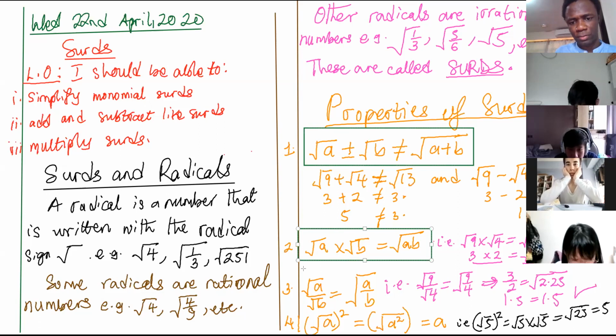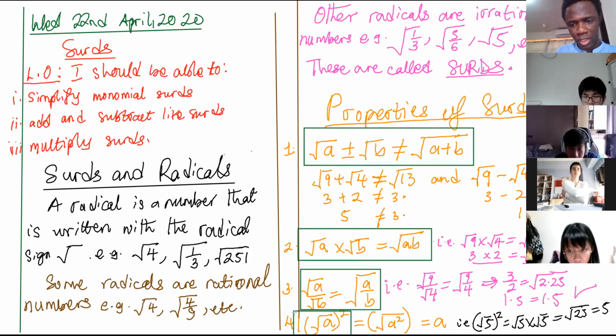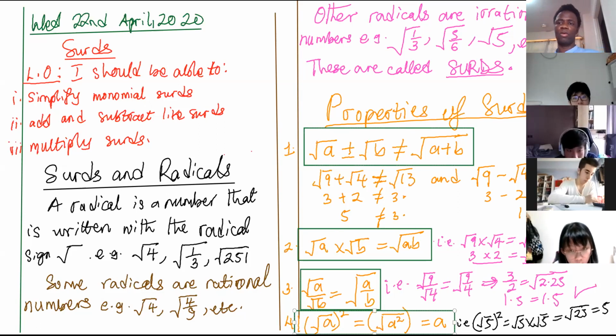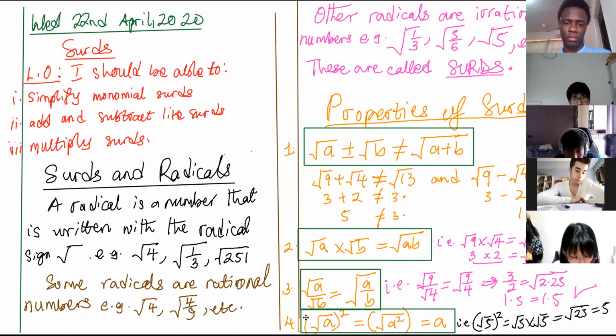This is another one. This is another property. And this is the last property. Hope we can see that. So don't forget those 4 properties that I put in green. These are the properties that will guide us. Anything outside this should not be assumed, should not be written. Anything that doesn't obey these principles is not correct.